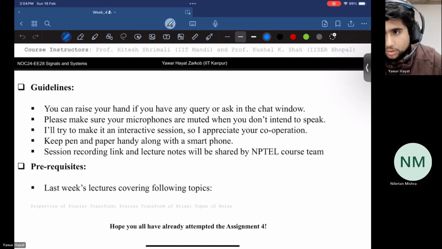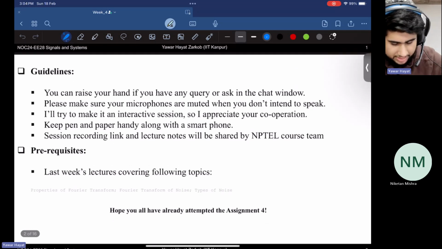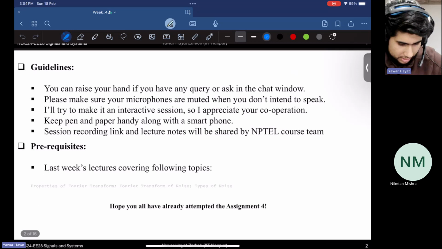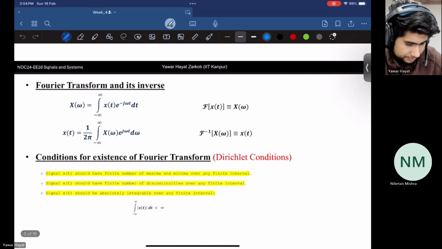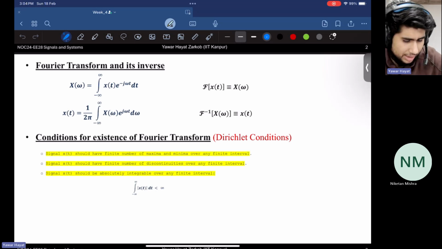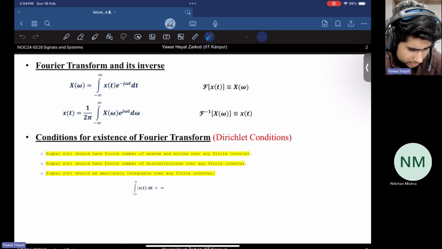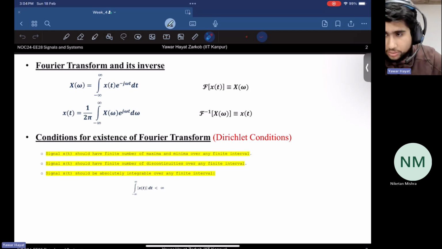I'm sure you would all have gone through those videos and you must have attempted the assignment 4 before watching this session. Okay, we went through these definitions in the last interactive session as well. I had a small typo here and I've corrected that. You can refer to the updated slides in the shared Google Doc.